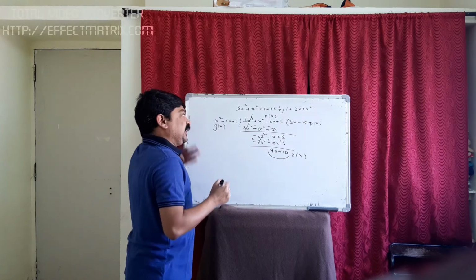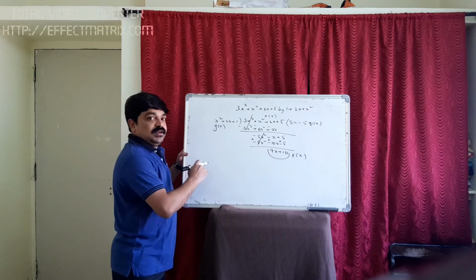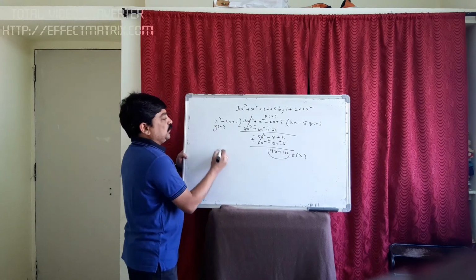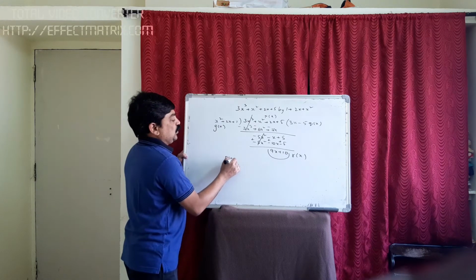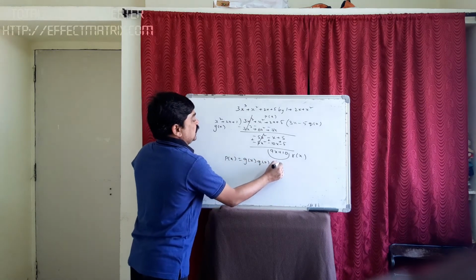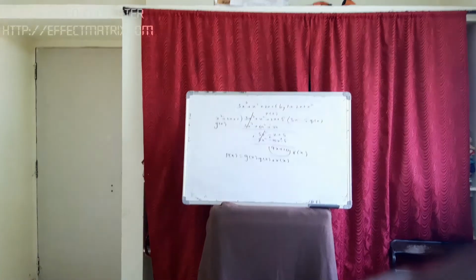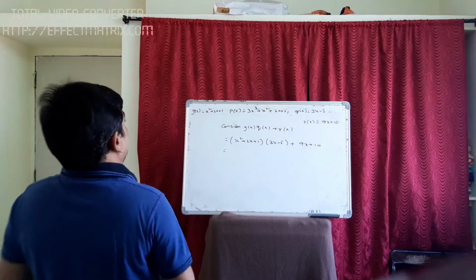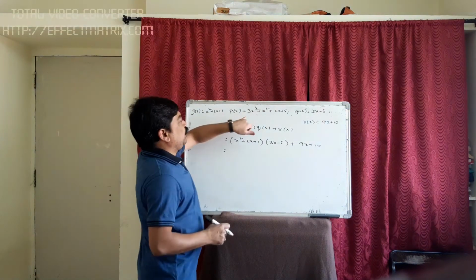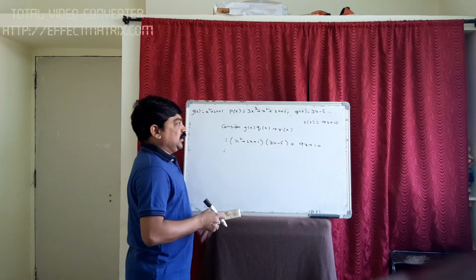Now I verify using the division algorithm, that is P of x is equal to G of x into Q of x plus R of x. See, now I wrote all this: G of x, P of x, Q of x, R of x, from the problem, the remainder and everything.